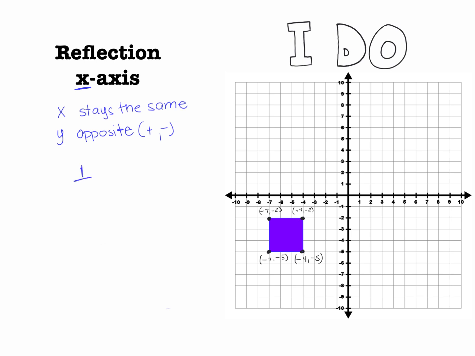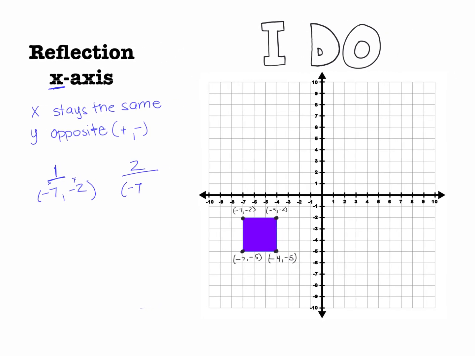And so for our first shape, the first coordinate is -7, -2. So we have our x coordinate and our y coordinate. For shape number 2, we are going to keep the x because we're reflecting over the x-axis, which I should have made sure we all know which one that one is. This one here is the x-axis.